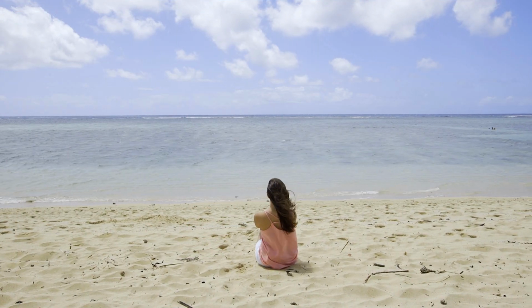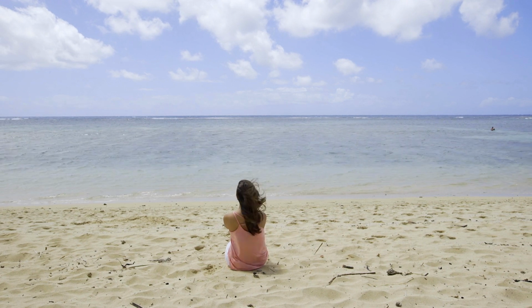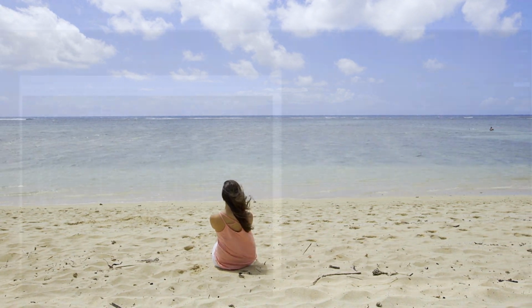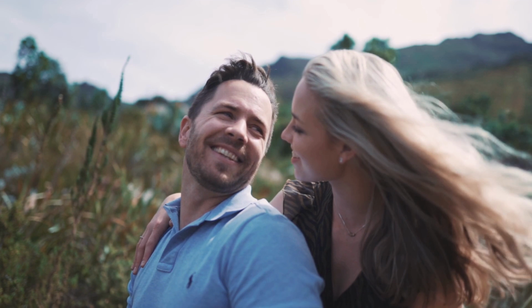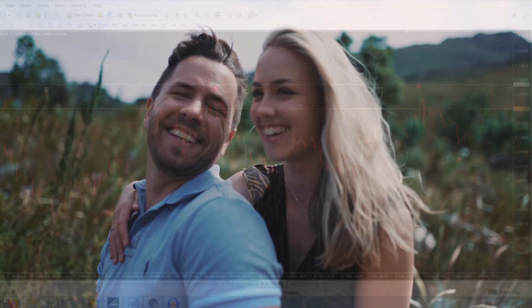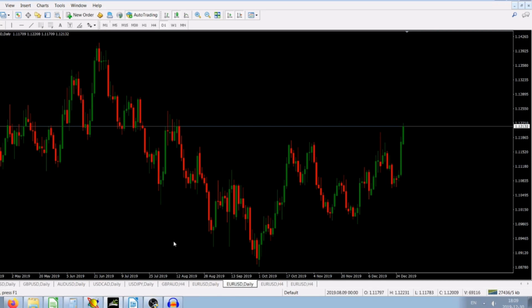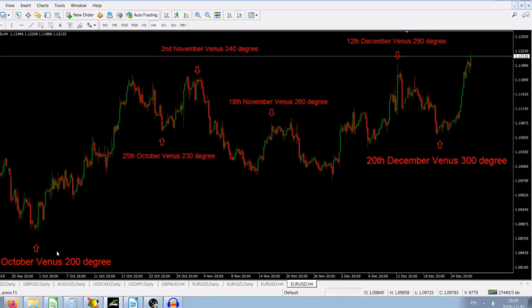It's just the Roman goddess Venus, the goddess of love, of wealth, of business. All you need is love, the Beatles used to say years ago. As you can see, we've got hits here. On 1st October, Venus at 200 degrees, we got a pretty big market turnover. Let me show you on another scale. Here, October the 1st, a big market turn.